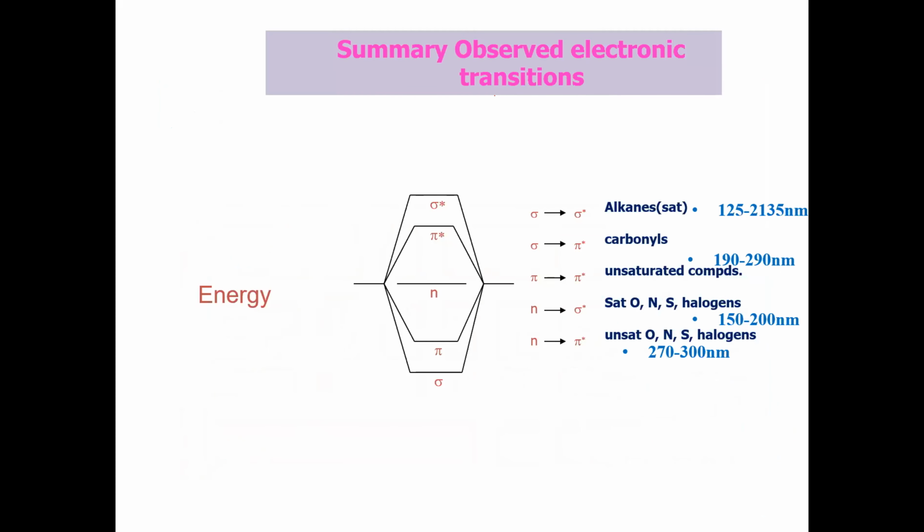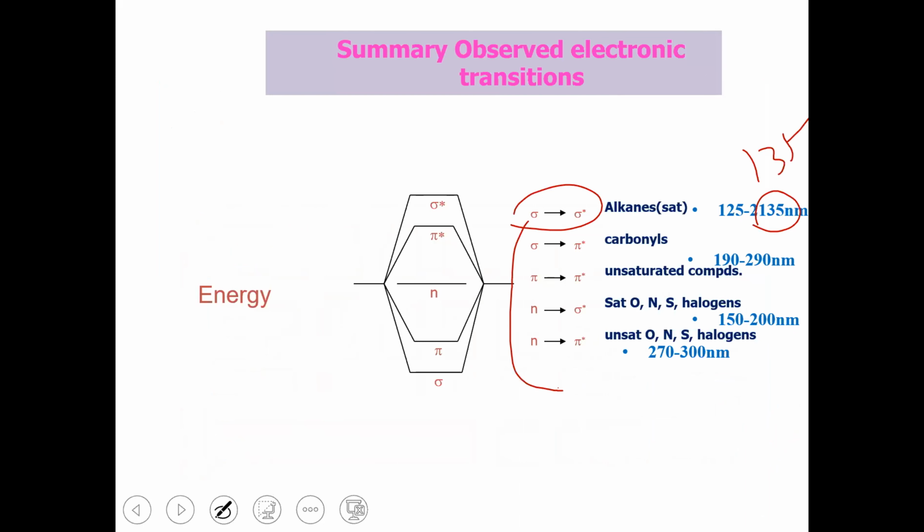So let us summarize, because I do not have time to discuss individual transitions in detail, but I can give you some hints. Sorry, this is not 2135, this is 135, it's an error. Generally alkanes will have sigma to sigma star transitions, which is a saturated compound. Similarly, the second one is n to sigma star, where it is still alkanes but with a heteroatom.